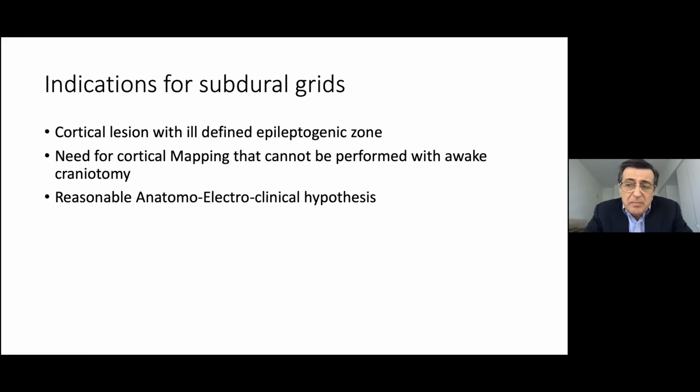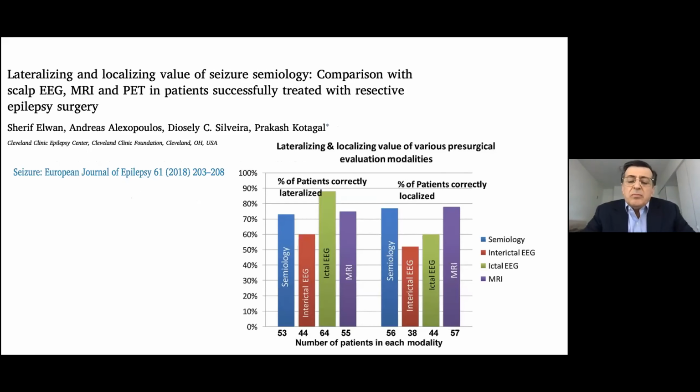And also, similar to SEEG, there should be a reasonable anatomo-electroclinical hypothesis before a subdural electrode is placed, because placement of subdural electrodes haphazardly will result in a negative investigation.